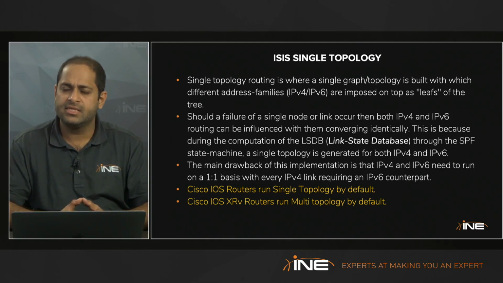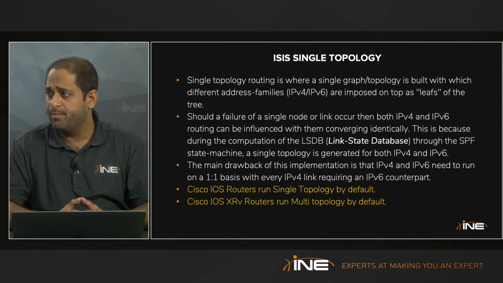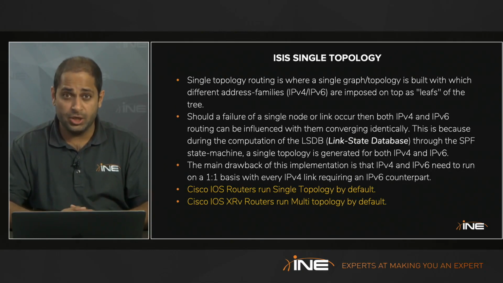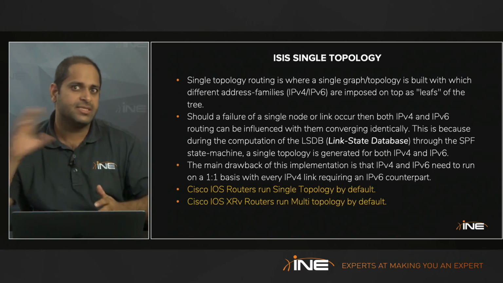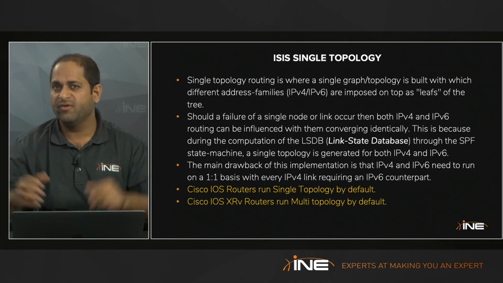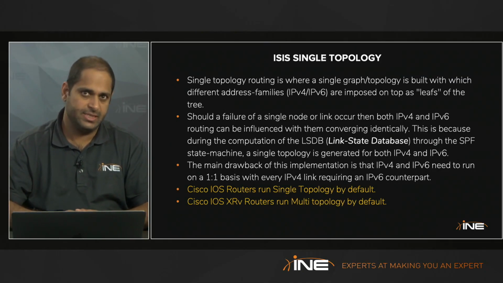As far as Cisco IOS XE routers are concerned, they are by default single topology, and IOS XR routers run multi-topology by default, which means they would have a separate database for IPv4 and a separate one for IPv6.